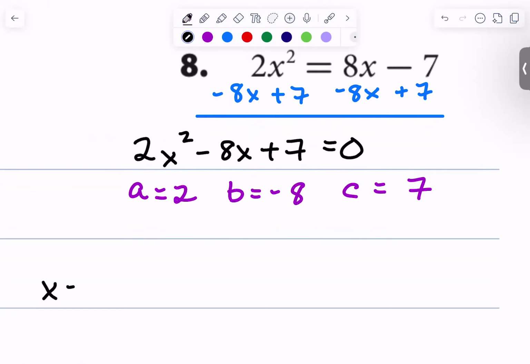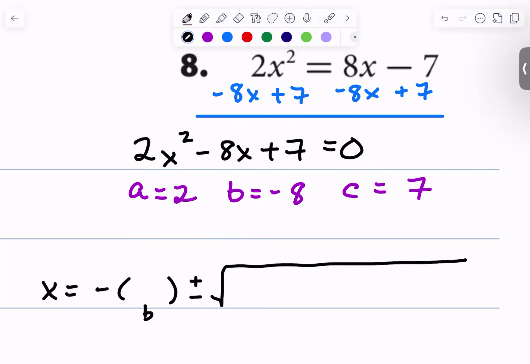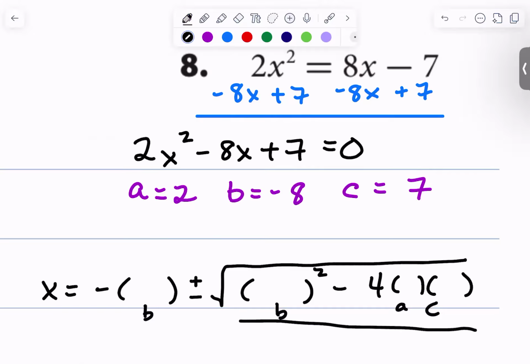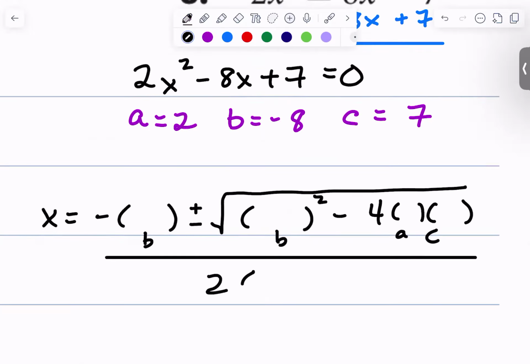So x equals negative b plus or minus square root b squared minus 4ac, all over 2a, right? And I'm just going to plug in the values. I put all the letters down here just for reference.